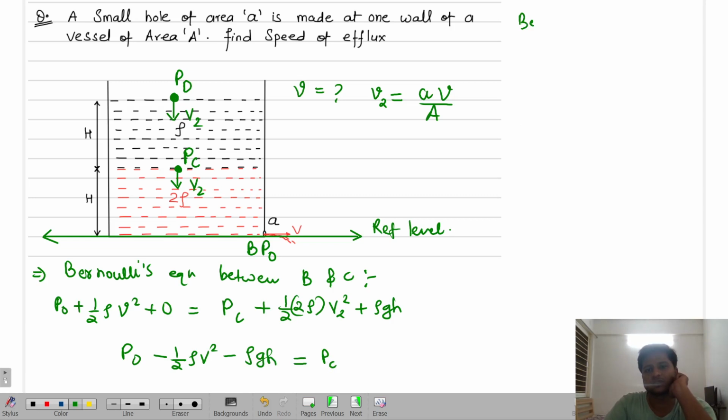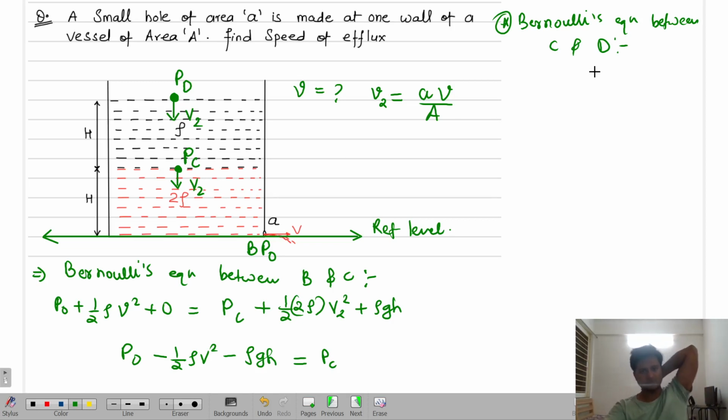Similarly, I can apply Bernoulli's equation between C and D. Apply Bernoulli's equation between these two. Remember that there are processes for how to solve these kinds of questions. Between C and D, if I apply it, it is P naught plus pressure at C, PC, plus half of twice rho V2 square, plus 0, if this is my reference level.